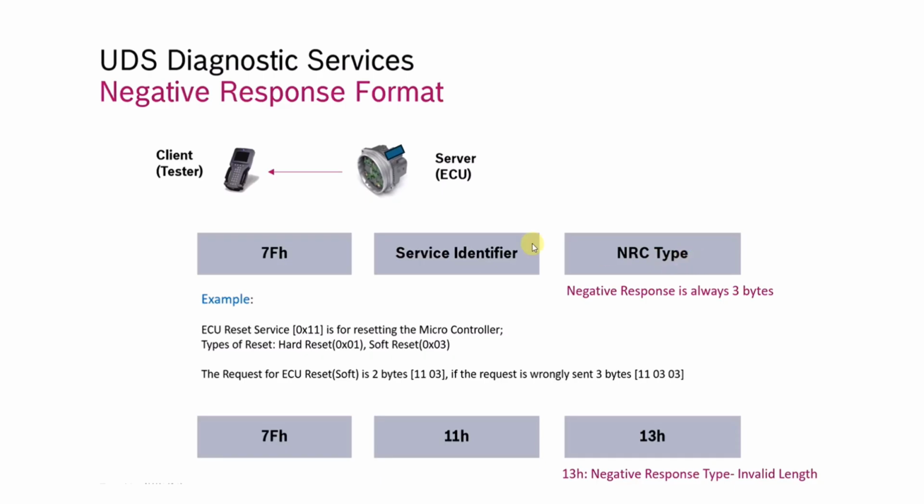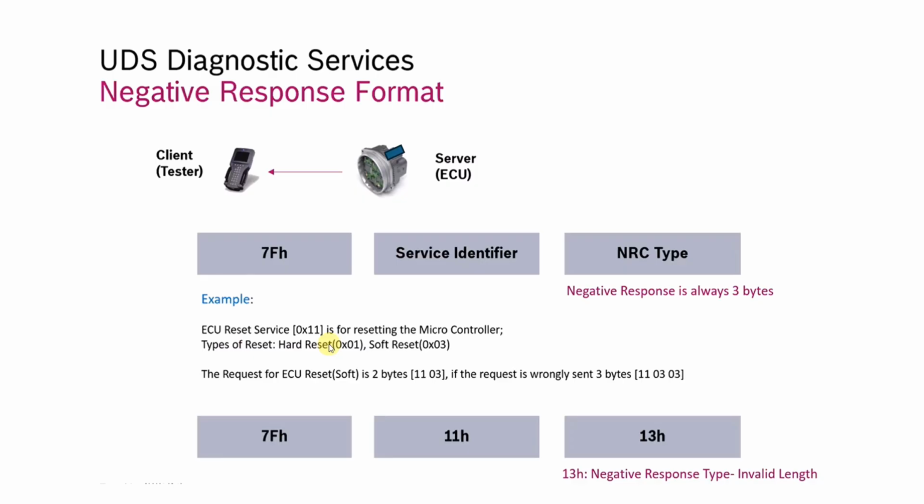You have sent a request for soft reset, 1103. If there is some error, then you will see the negative response with the proper reason. The format is 7FH, service identifier, NRC type.